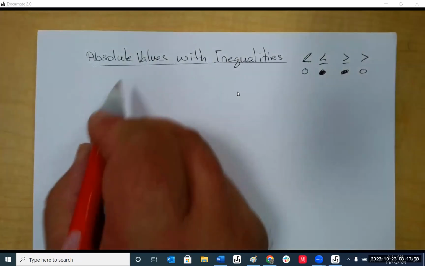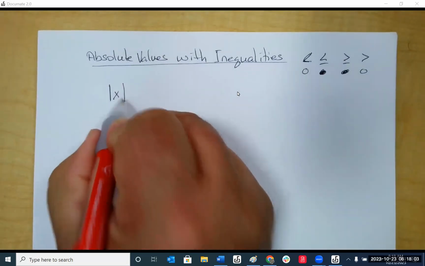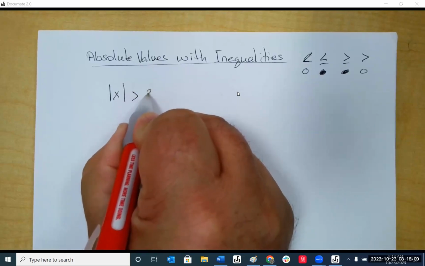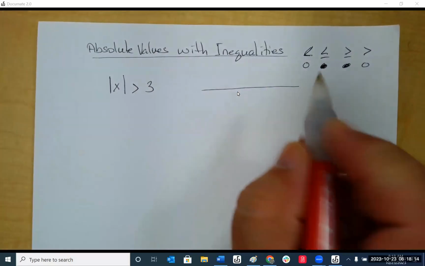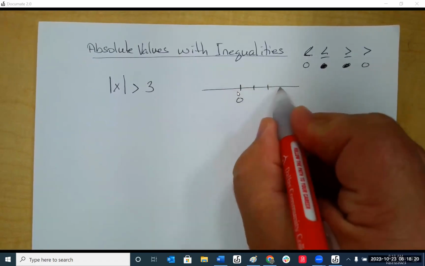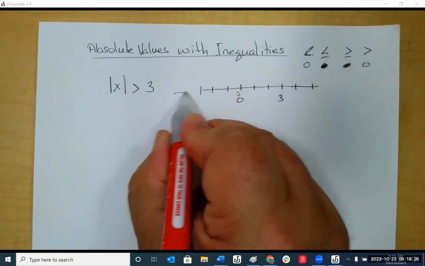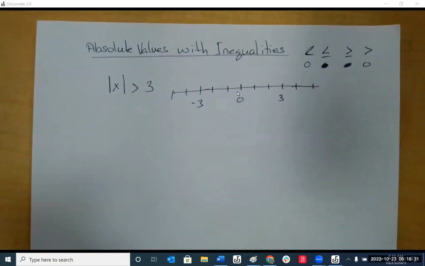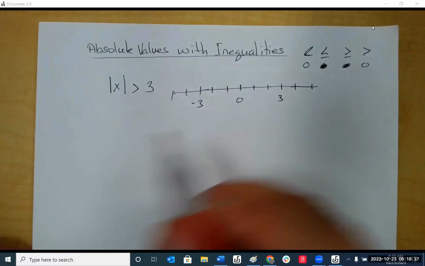Let's look at the absolute value of x being greater than a number, let's say 3. Let's look at the formula for this. As I said earlier, the absolute value represents a distance from 0.